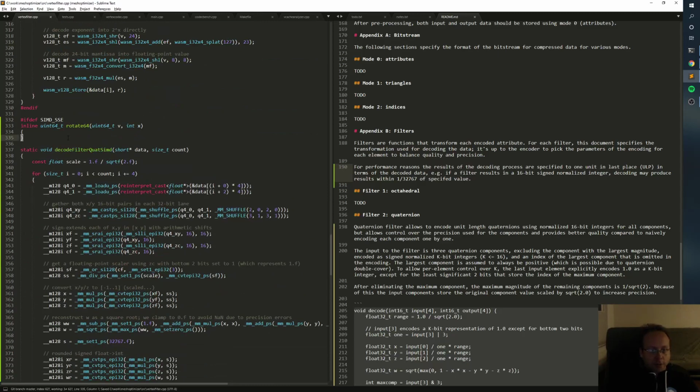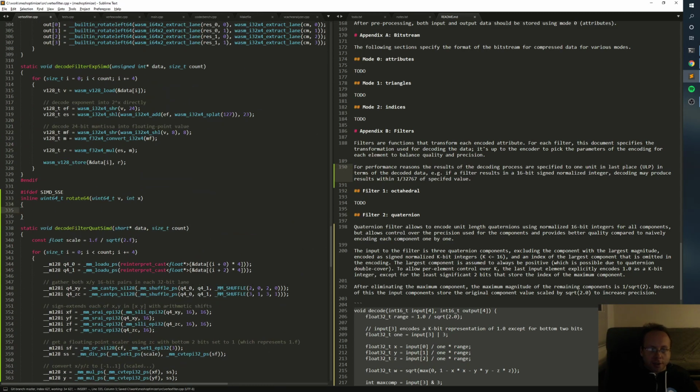So the classical way to do rotates, unfortunately, is to use basically this. But the problem with this code is that if x is 0, then this thing right shifts by 64, and right shifts by 64 are undefined. So the correct way to implement this is to do this.